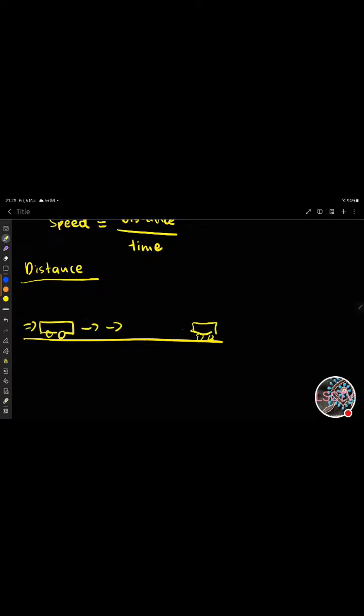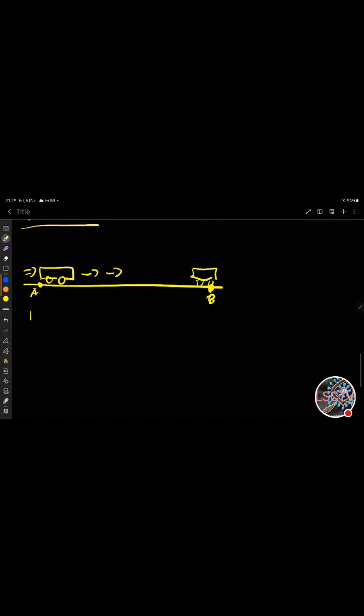The distance covered by this car when it started from here and ended over here, let's say I'll label it A, B. The distance covered by the car is AB.